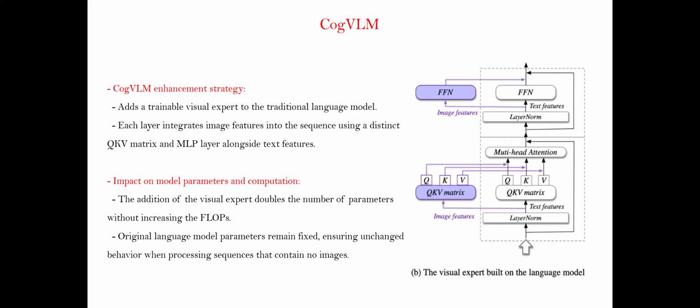They were untouched. The additional image knowledge is fused through the QKV and FFN layers. Since we are not changing the original language model weights, the performance will not degrade if the input doesn't contain any image.